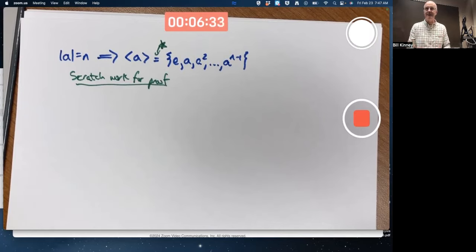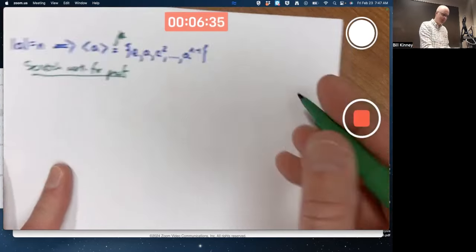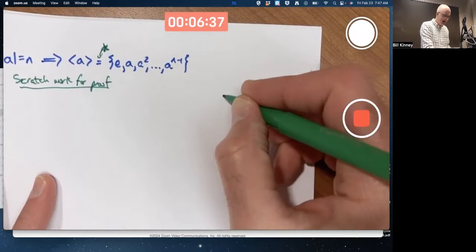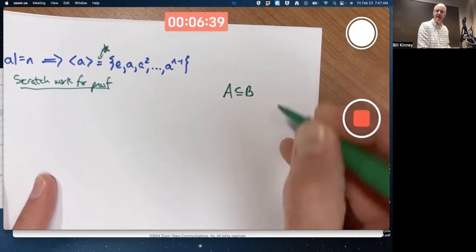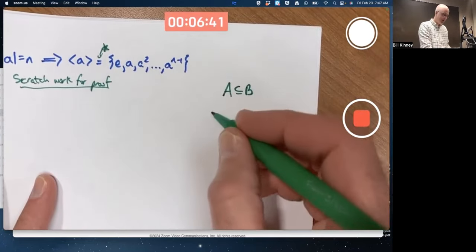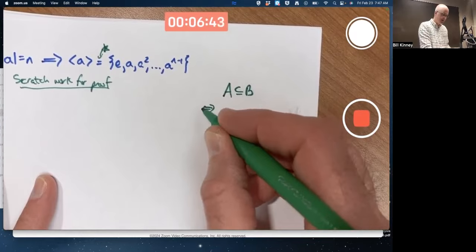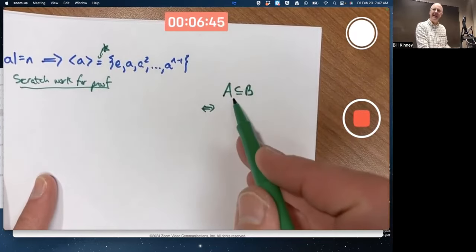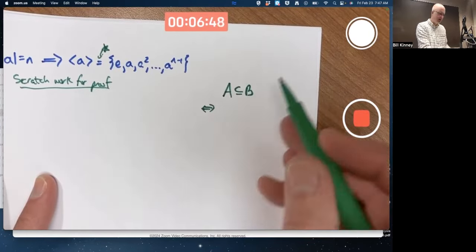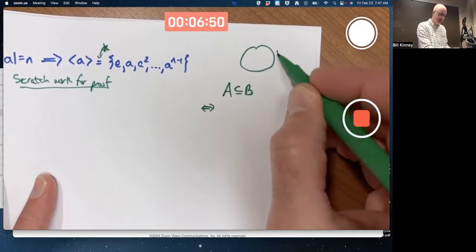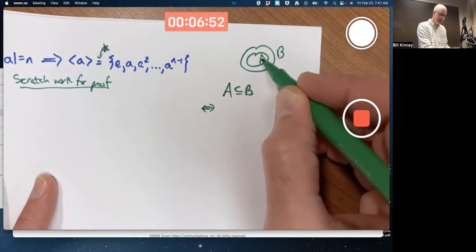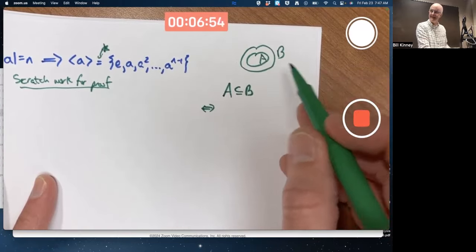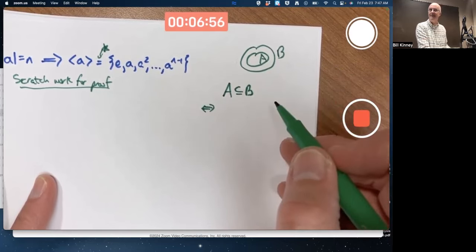But how do you do that? How do you show something is a subset of something else? A is a subset of B if and only if, think about it intuitively, you could draw a picture here, if and only if A is inside of B. But what does that mean?